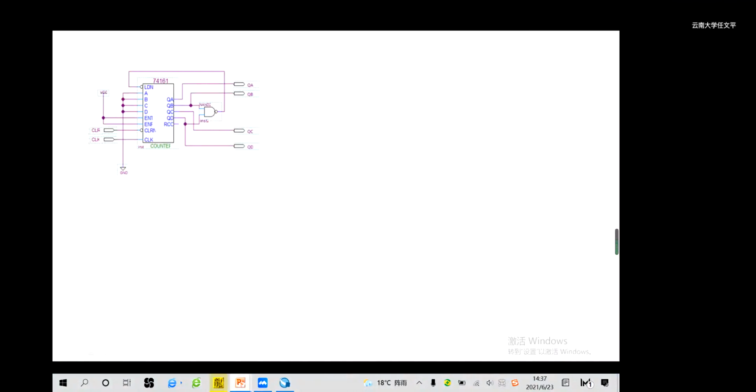Because when we design a circuit with 74161, the design method has several methods. An important method is to design by this signal.